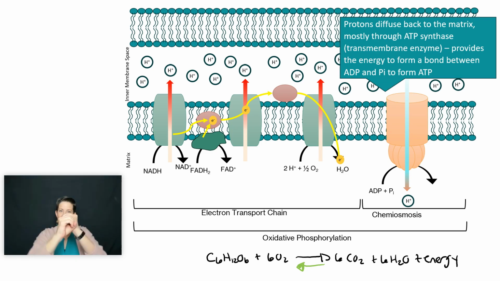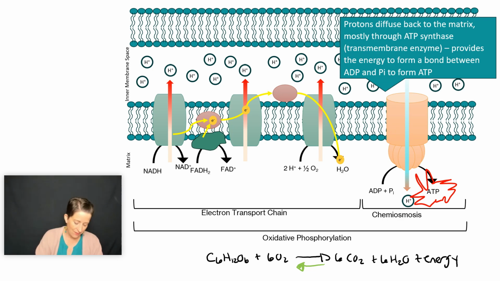That mechanical energy is what allows a phosphate to form a bond onto ADP. So we're using mechanical energy to make chemical energy. It is so cool, but that's like how generators work too. Same kind of concept, that mechanical energy is what will shoot electrons to make electricity. But it's so cool. So here we make ATP.